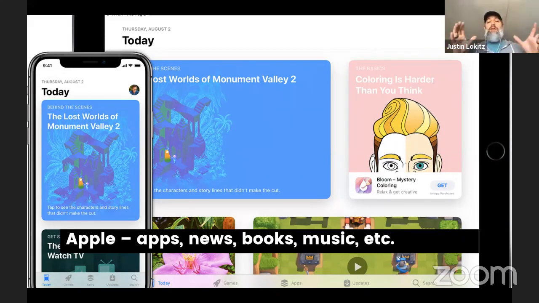All these things are now platforms, which means that while Apple is still developing the hardware, it's not developing everything just for consumers and developing all the content for consumers. It's developing a platform that allows other people to develop the content that we may want, whether that's apps or news or books or games or whatever. And then a whole other side of that is the people who are going to consume that stuff.